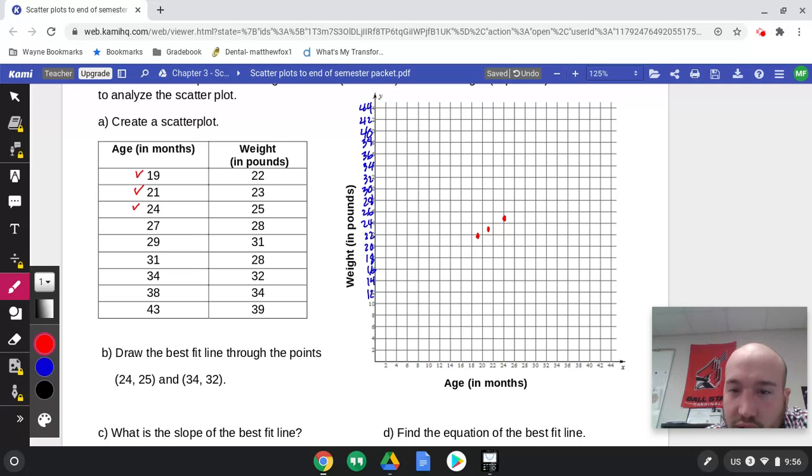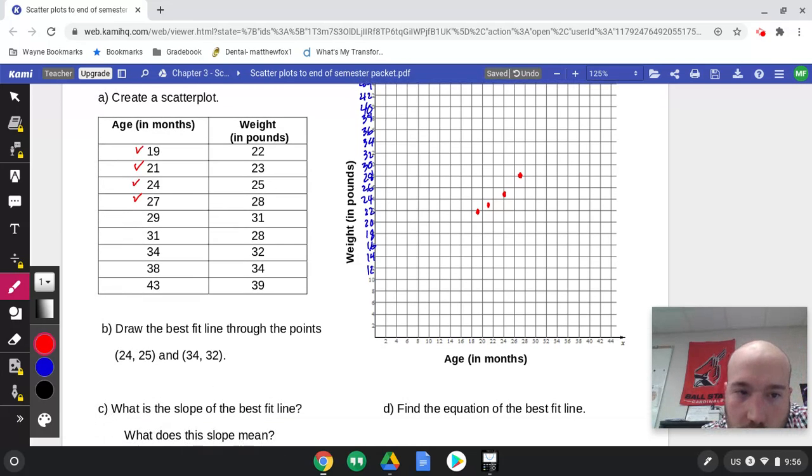So 27, 28 up here. And 29 will be at 31. 31, 28. Uh, 34.